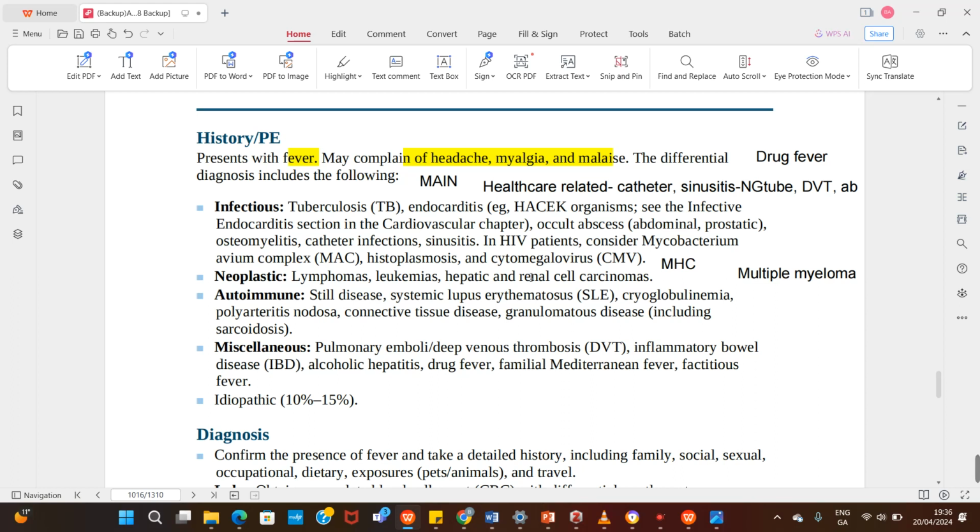Autoimmune. Autoimmune is a very, very common cause. Still disease is a very common cause. So Still disease is more like an inflammatory autoimmune disease that is characterized by three major signs. They are going to be having high fever, can be as high as 39 degrees Celsius. They are going to have a bumpy, non-pruritic salmon pink rash.